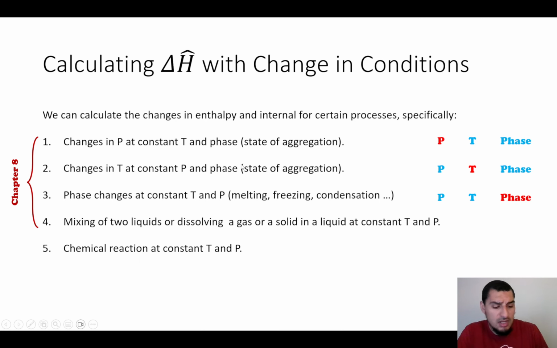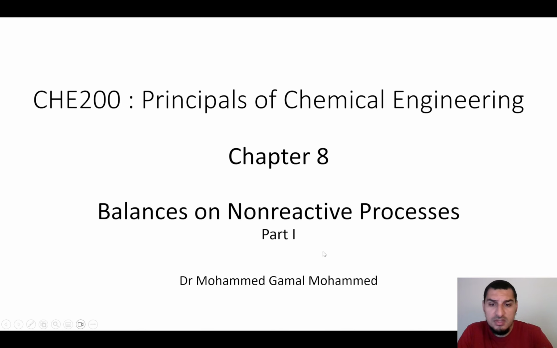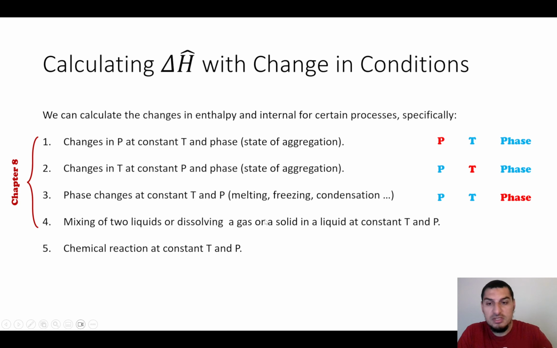And if you remember, in the cover slide here, we said this is balances on non-reactive processes, which are processes that do not include any chemical reaction, which is changing in conditions or mixing of more than one component. Chapter 9 is going to be concerned with the reactions. If there is a reaction, we will see how we can do the calculations for a system that includes a chemical reaction.